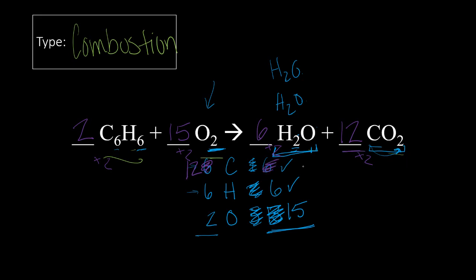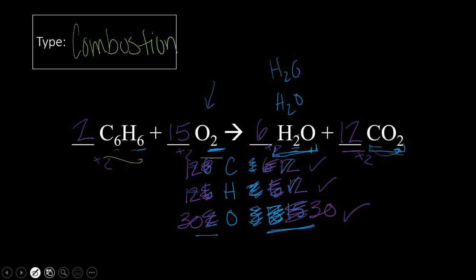This 12 here gives me 12 carbons. 2 sets of 6 gives me 12 hydrogens. 6 sets of 2 for the water gives me 12 hydrogens. 6 oxygens from the water. 12 times 2 is 24, so that's 30. Oh my goodness, 30 oxygens on the right. 15 sets of 2 is also going to give me 30 oxygens on the left. So that's a bulky one, but that's it. Let's go on to the next one.